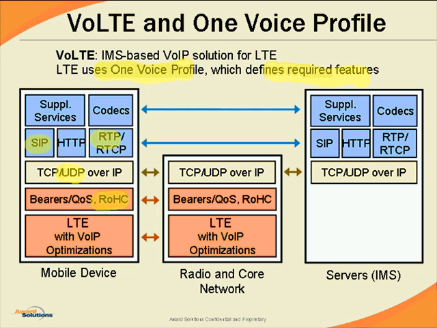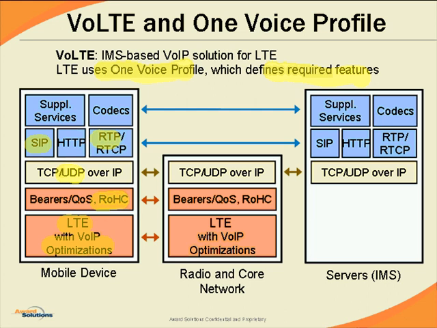And for LTE with voice over IP optimization, for example, on the air interface, we will do certain things related to RLC, radio link control, and certain things related to MAC hybrid ARQ transmission, things like that, to make the air interface efficient for voice over IP.